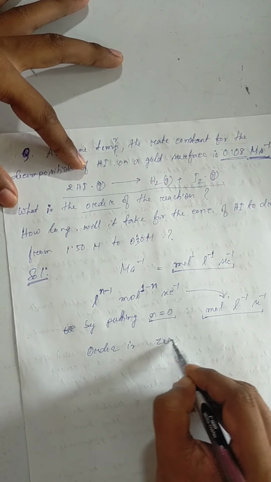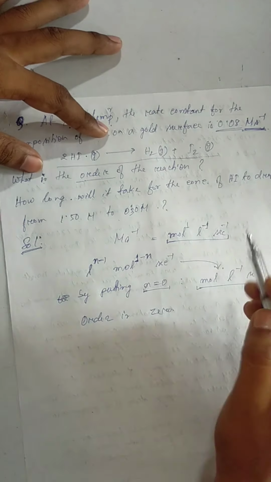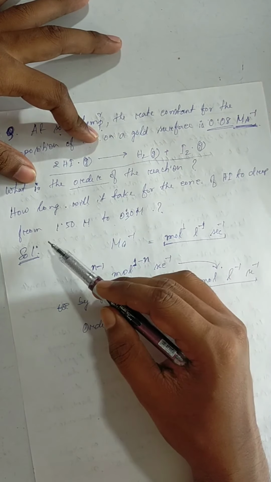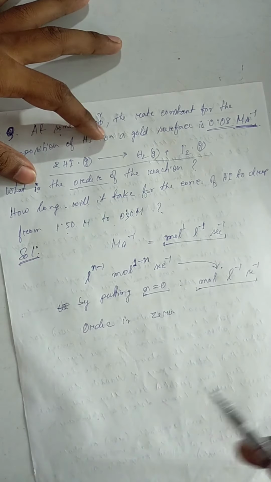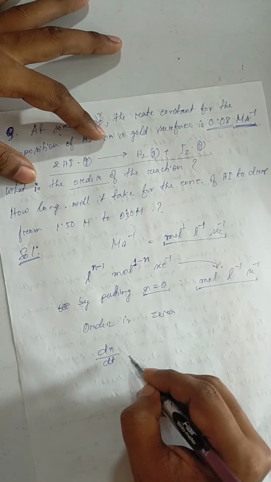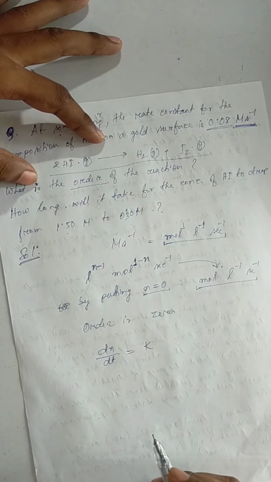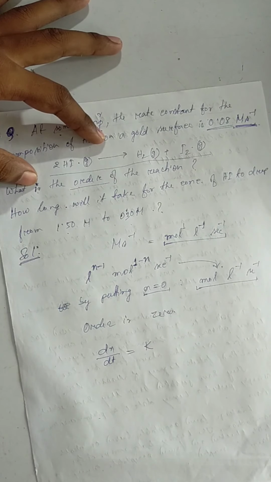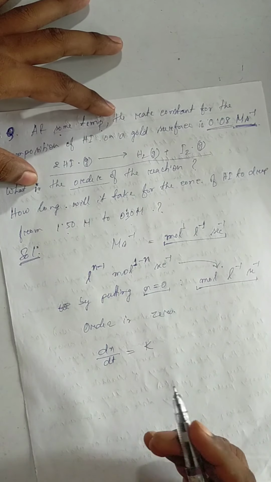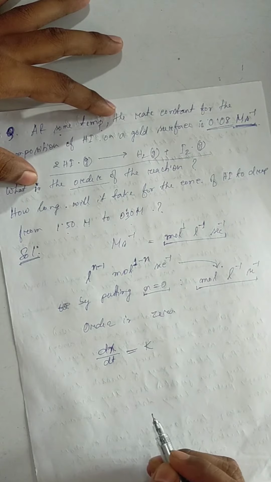So the next part is when the concentration of HI drops from this to this. So we have to write dx by dt is equal to k. This is the general expression, and this is the concentration of the reactant.